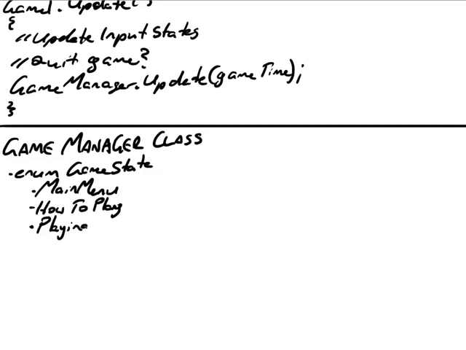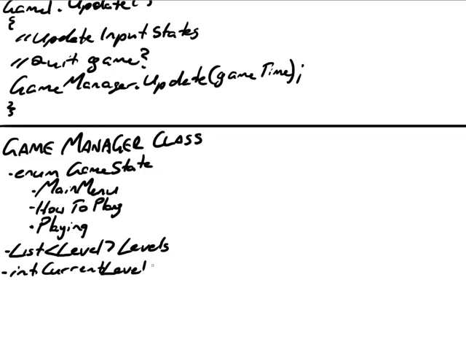We'll call it playing. There we go. It's also going to need to have a list of levels. And we need to know which level is the current level that we're looking at. So we're going to call that int current level. And that is all we need to add in there.